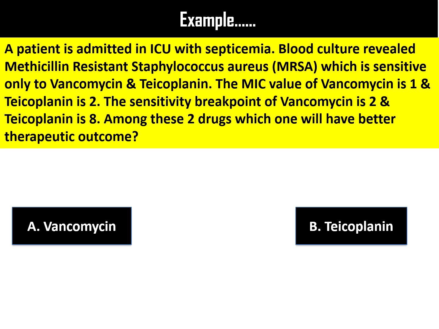So what will be the answer? What did I say? That the drug with higher therapeutic quotient will have better therapeutic outcome, provided there is no difference in pharmacokinetic and pharmacodynamic properties of the drugs. Both vancomycin and teicoplanin are nephrotoxic drugs, and this is a case of septicemia.